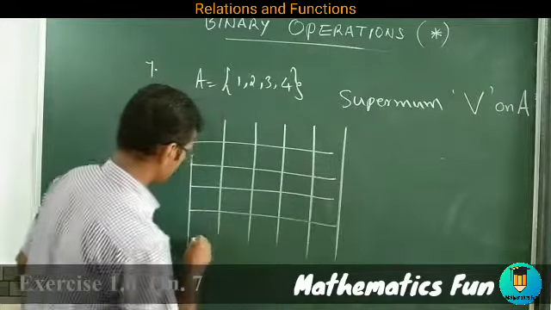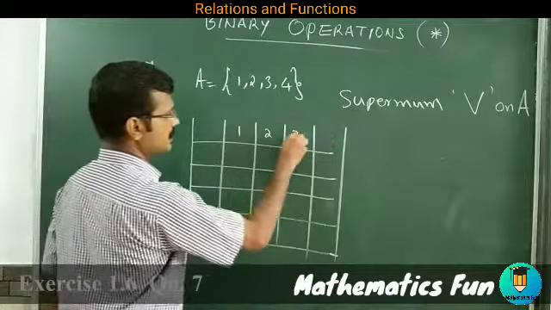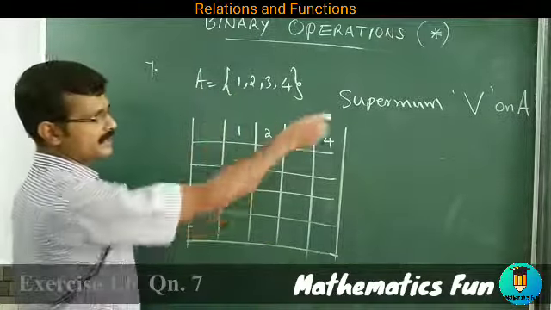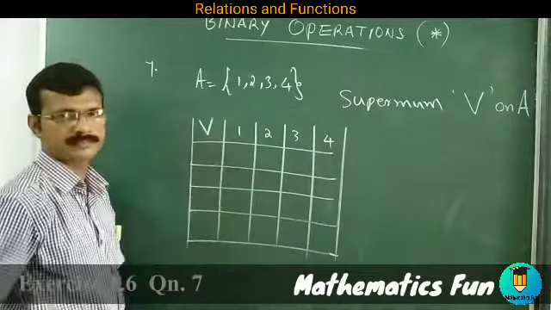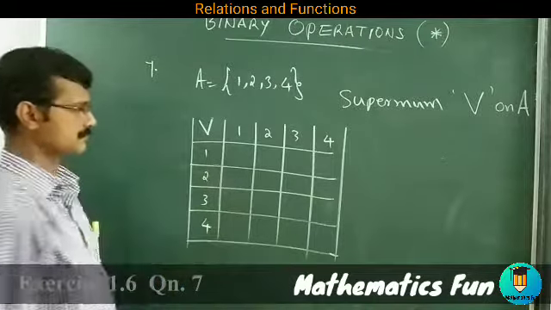First of all, you have to make the table according to the elements. See, 1, 2, 3, 4 I kept here, and this one I left for the operation, the supremum operation. Here also 1, 2, 3, 4.